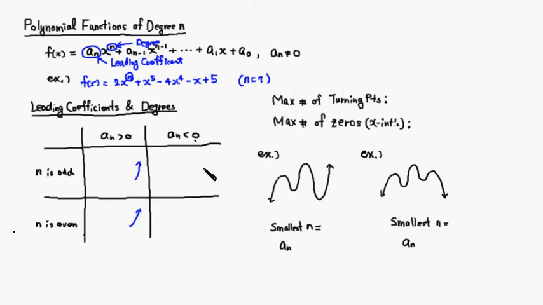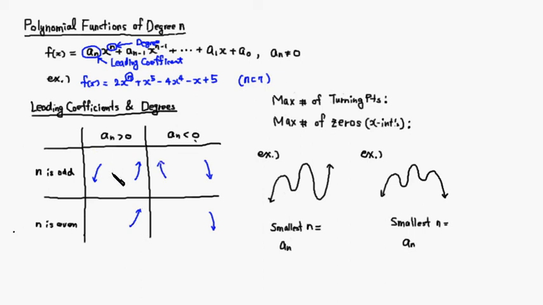On the other hand, if the leading coefficient is negative, the right end is going to point down. Then if the degree n is odd, the left end is going to be opposite from the right end. So if the right end is pointing up, the left end points down, and if the right end is pointing down, the left end is going to point up.